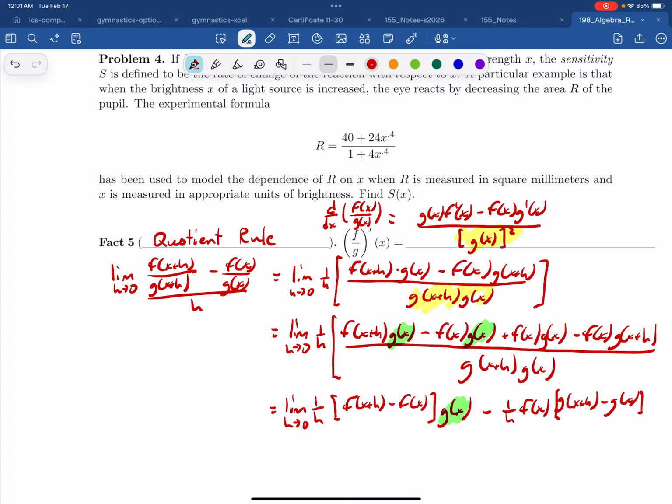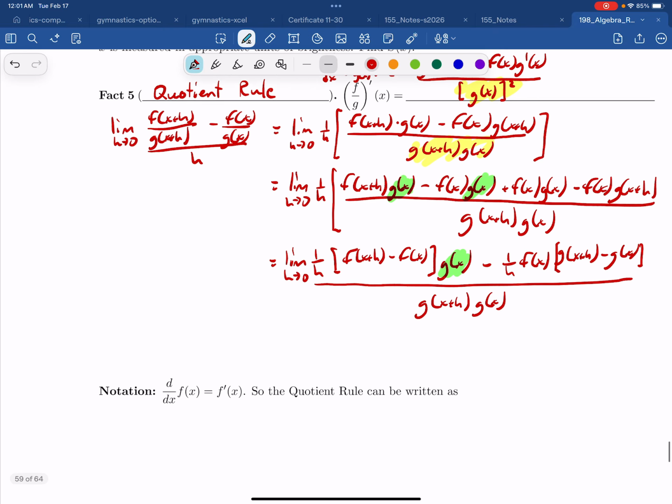And there we go. And now maybe we can divide this entire thing by g of x plus h times g of x.